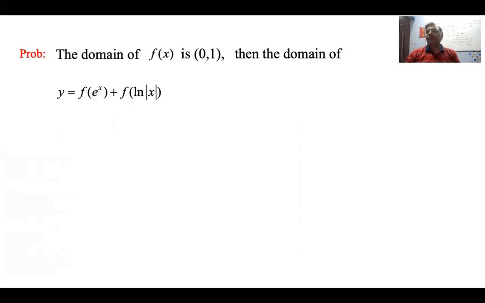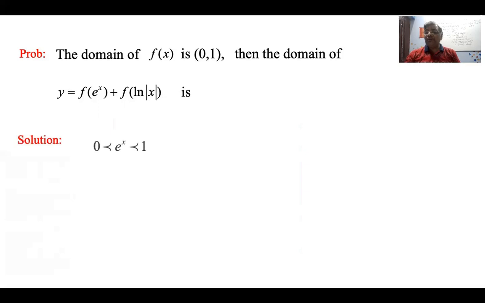Because we know that the domain of f of x is 0 to 1, f of x can be defined when x is in the interval 0 to 1. But in y, f of e power x, the role of x is played by e power x.